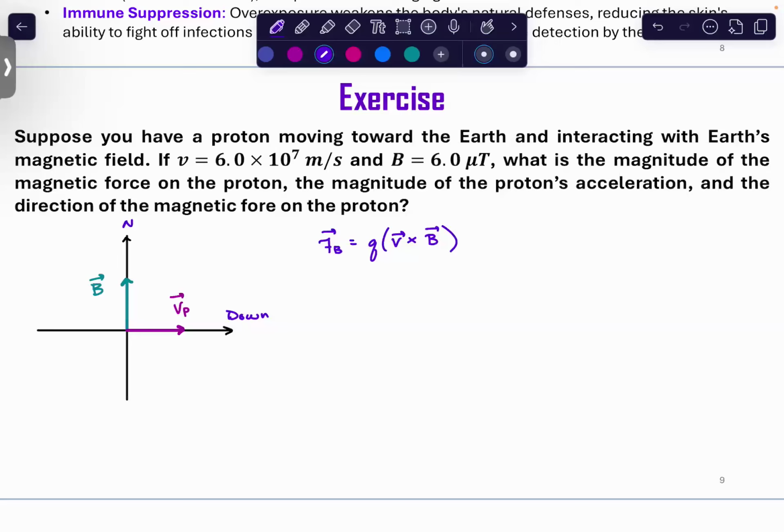All righty, so now for this one, we can say qvB sine theta. I think a good question for the next assignment is, does this also equal that?